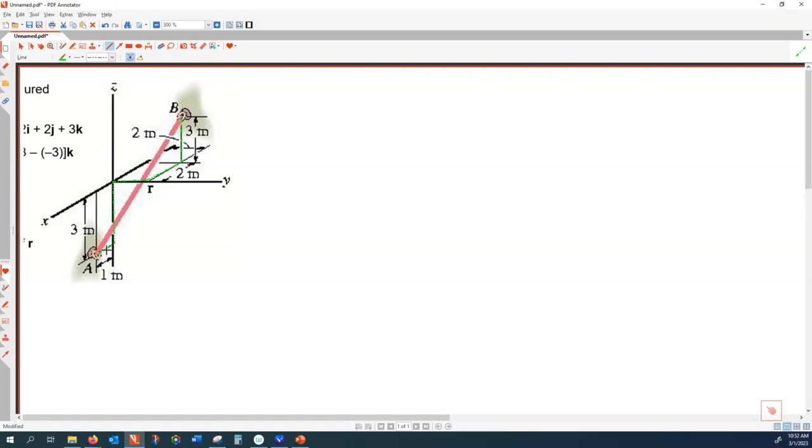So the first one is what? This is minus I, correct? So I'm writing this like so. AB, that is minus I. And then I go 3K plus, and then this is 2J, right?